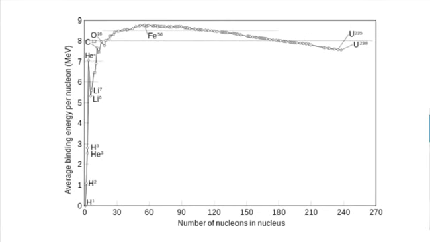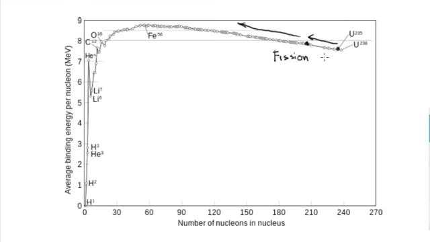You can see that with this graph here. What you're seeing is the binding energy on the y-axis versus the number of nucleons on the x-axis. And when an element decays, it goes from a position here on the graph decaying down to another isotope here on the graph, and as a result of that, it releases energy. Energy is gained. So this process along this part of the graph is called fission.